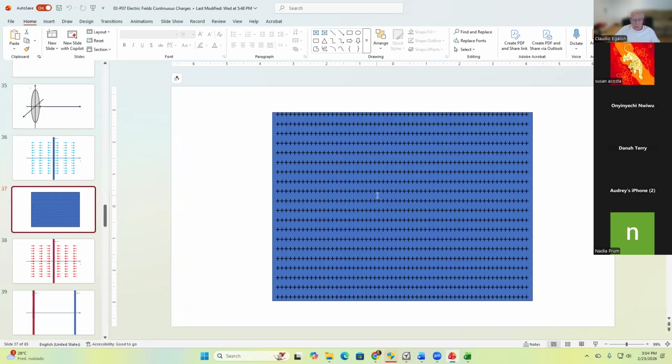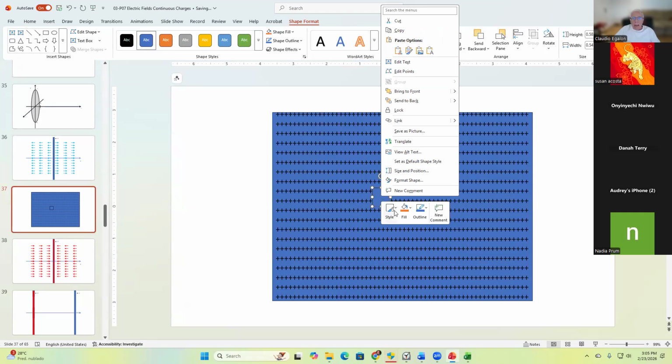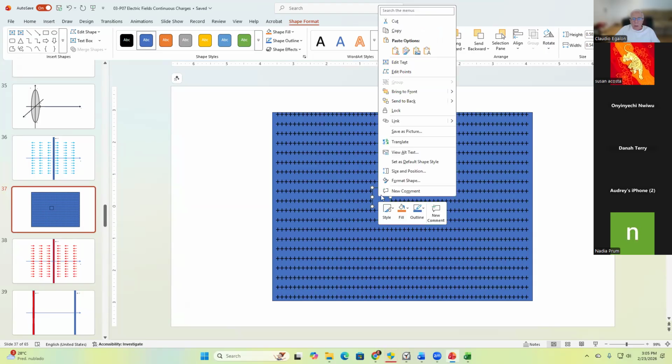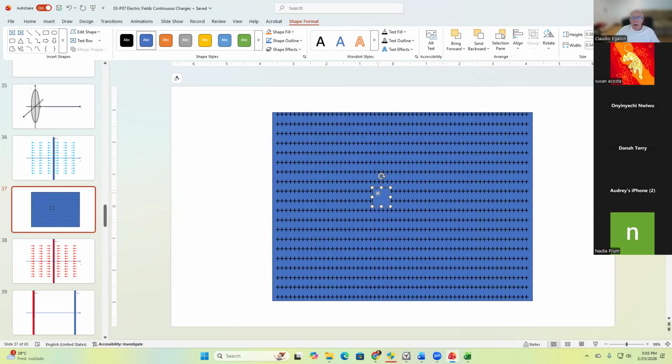square that I'm drawing right here. Let me draw a square here. The amount of charge that we have in this square. I'm going to make my square transparent. There's a way to do that in PowerPoint.